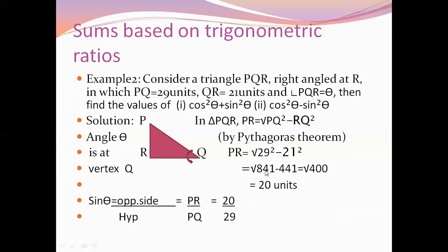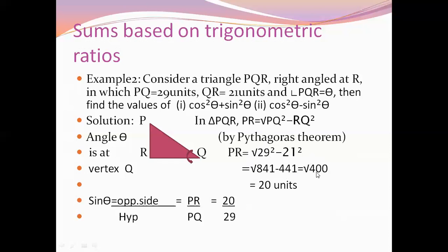29 square is 841 and 21 square is 441. The difference of these two is 400. Root 400 value is what? 20. If you're not getting it, you must factorize 400 in such a way that you get repeated numbers.